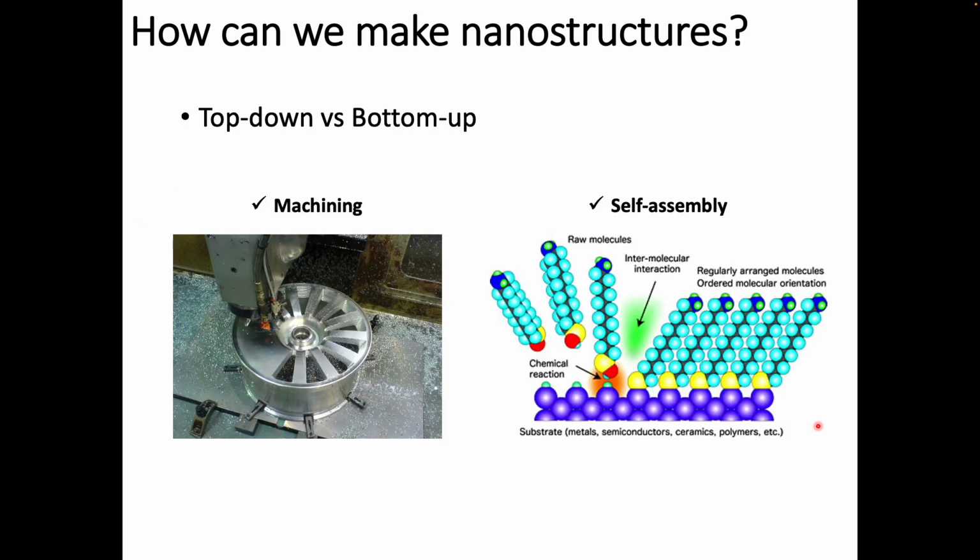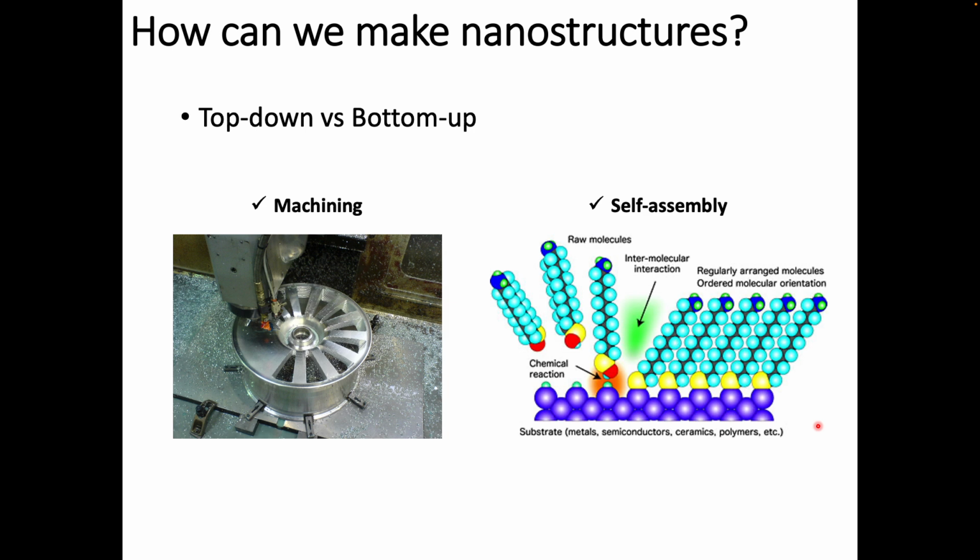And so the next question is, how can we make these nanostructures? Okay, there are mainly two ways. The first one is top down, and the second approach is bottom up. The top-down approach is essentially like we start with a big chunk of material, and then we cut it down. It's like a machining process.